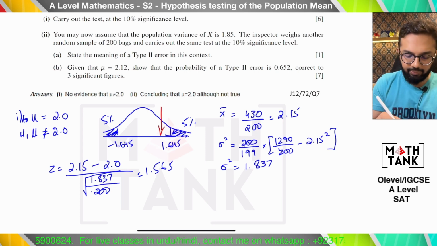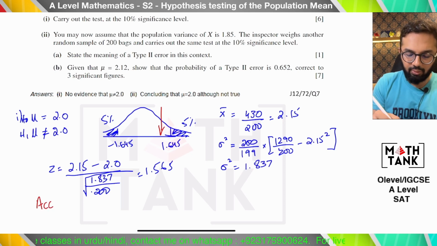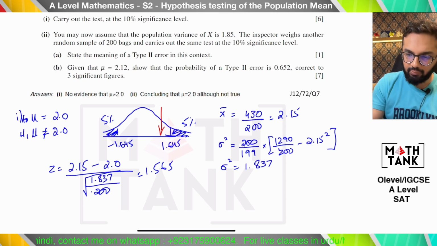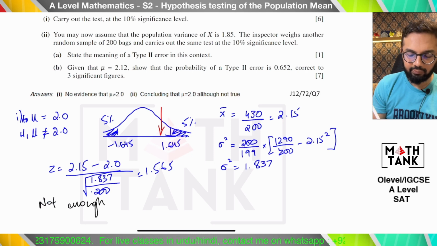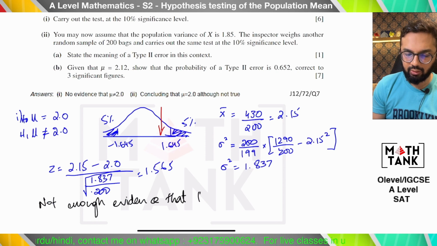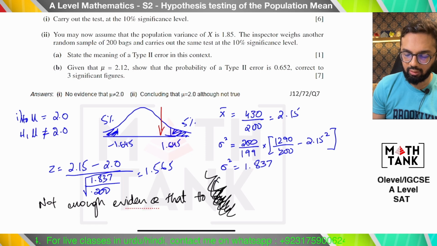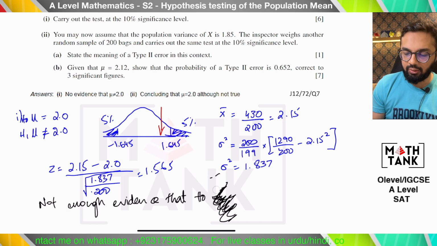So accept, or not enough evidence that H naught has changed. I don't know, it's not working.